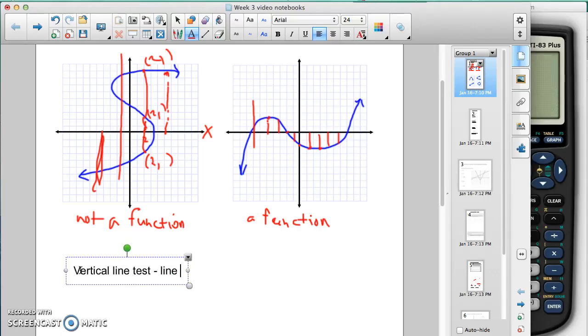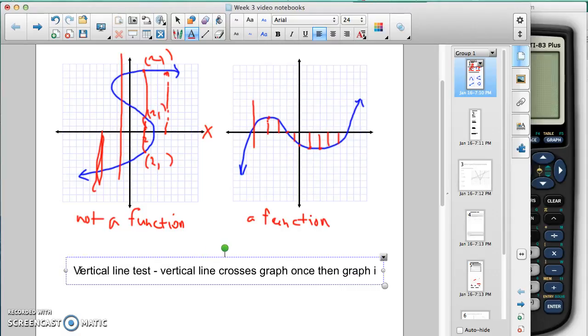If a vertical line crosses the graph once, then the graph is a function.